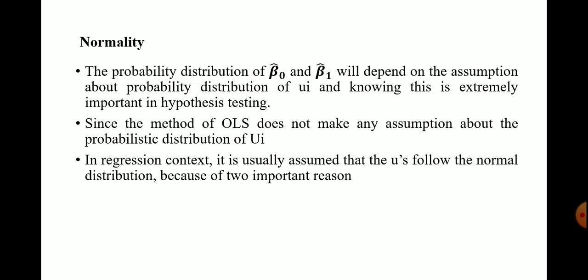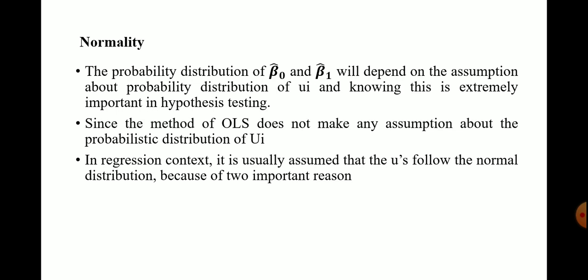The probability distribution of beta cap 1 and beta cap 0 depends on the probability distribution of U. OLS does not make any assumptions about the probability distribution of UI. We have seen many assumptions, but none regarding the normality or distribution of UI.